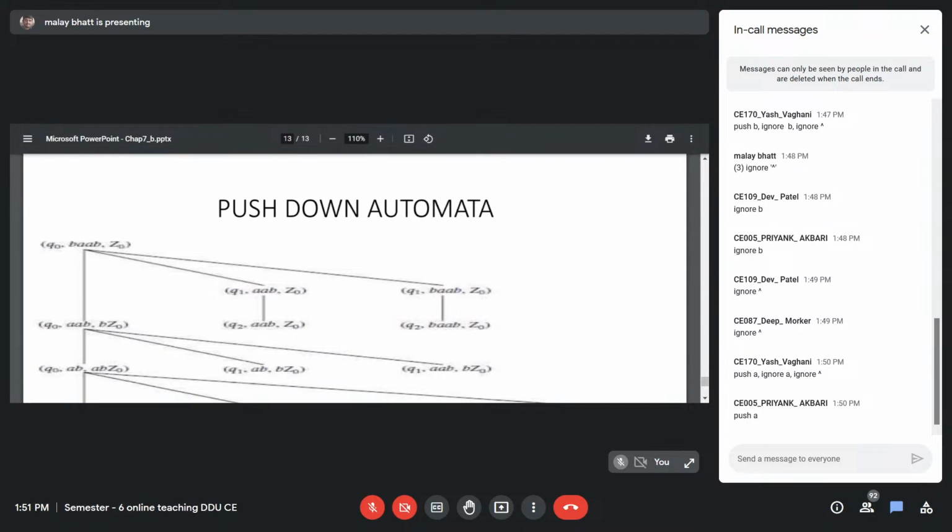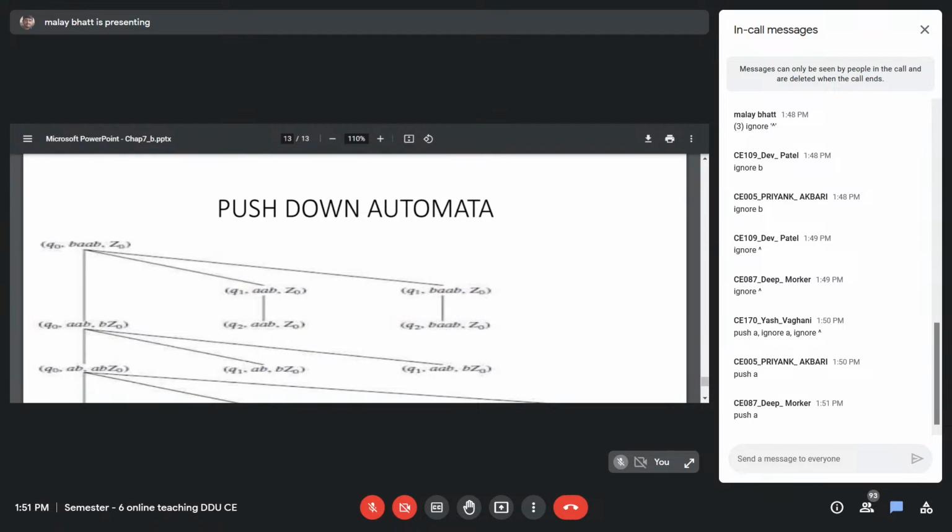We'll push the second A on the stack. Then we are ignoring that A as a middle symbol. And then in the third one, we are considering null and we are changing to state Q1.